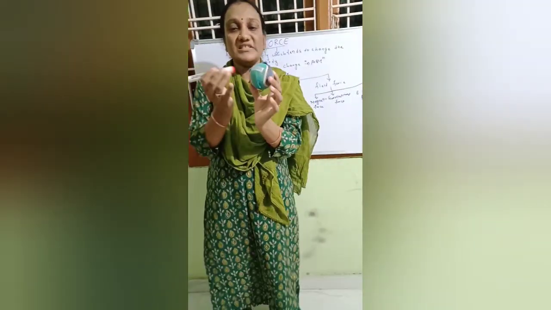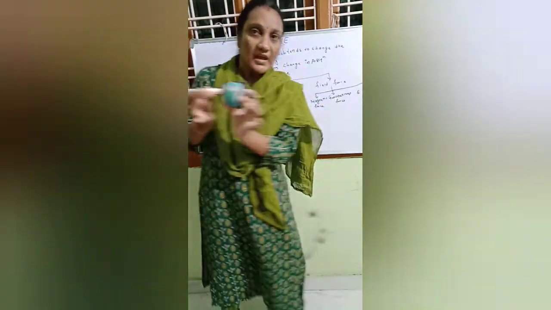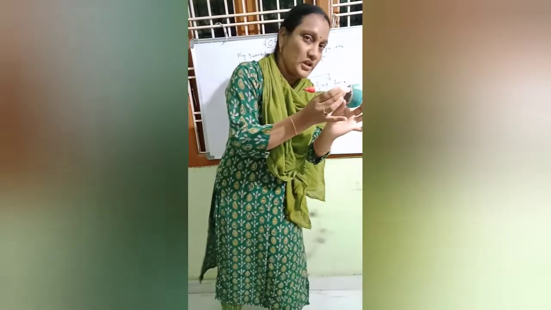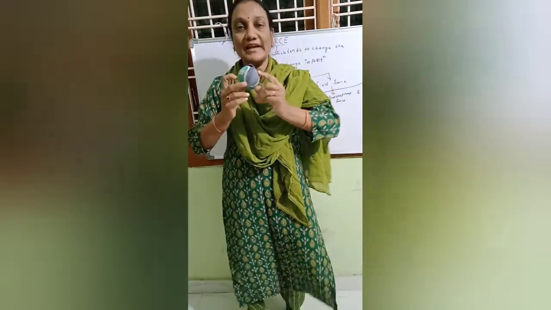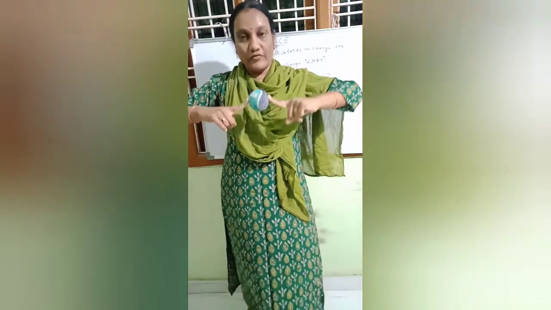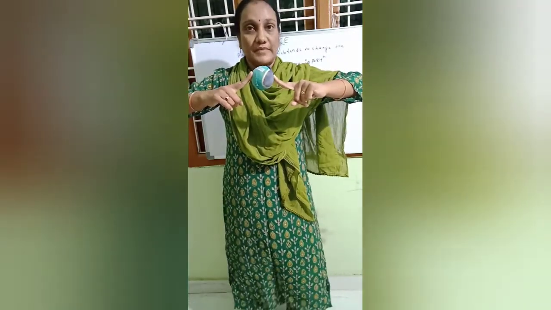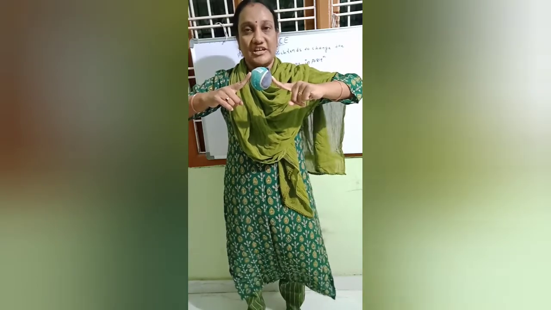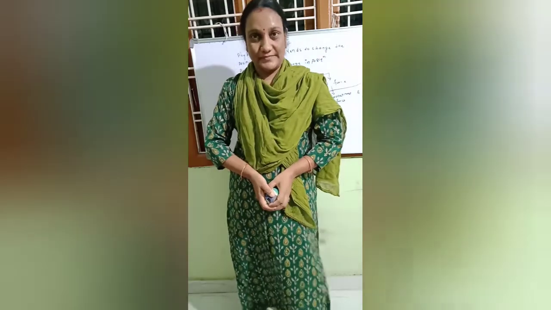If this is the external force which I applied, due to the external force the body moves, but the frictional force acts opposite to the external force. The frictional force and the external force are opposite to each other. Due to that action, this ball comes to the rest position.